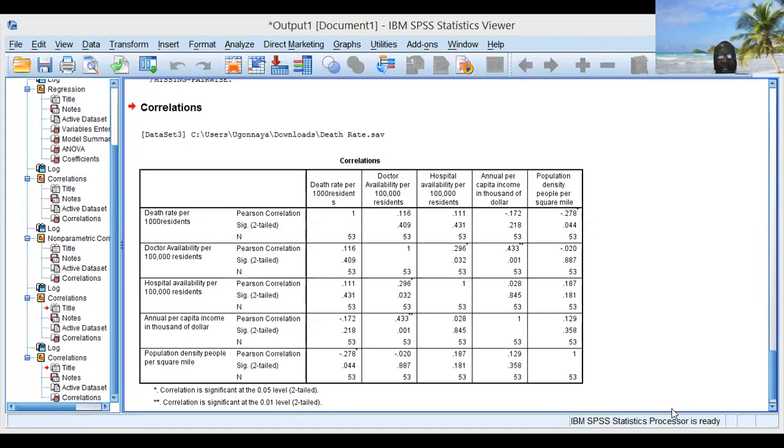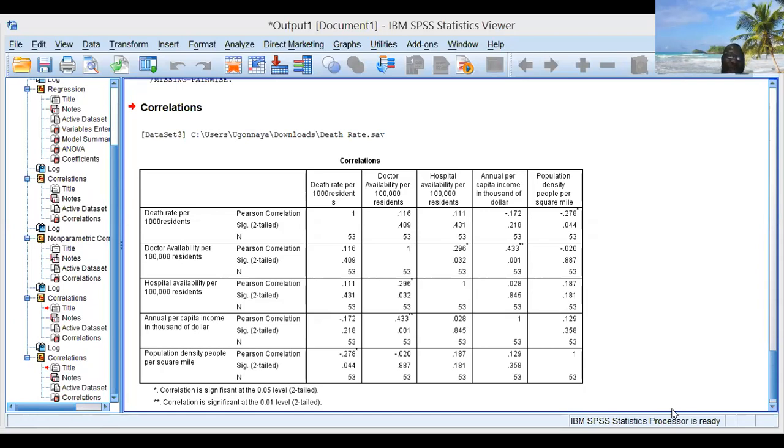Of course, it will be one when the same thing correlates with itself. Off the diagonal, what you have here is a mirror image of the other side.